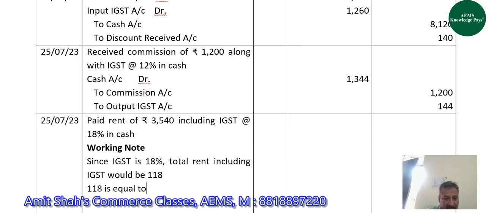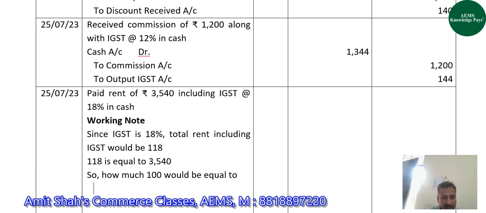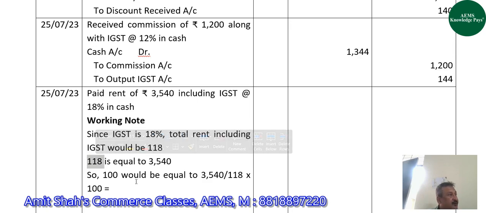118 is equal to 3540. So how much would 100 be equal to? So 100 would be equal to 3540 divided by 118 into 100. Do you understand this, guys?